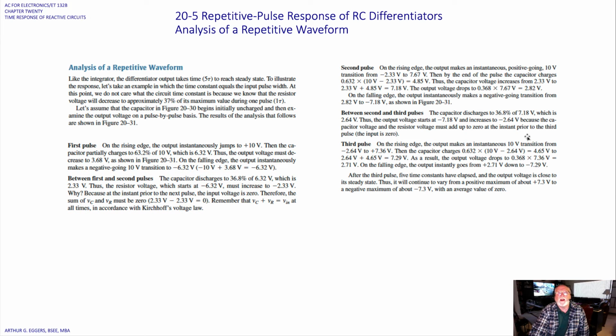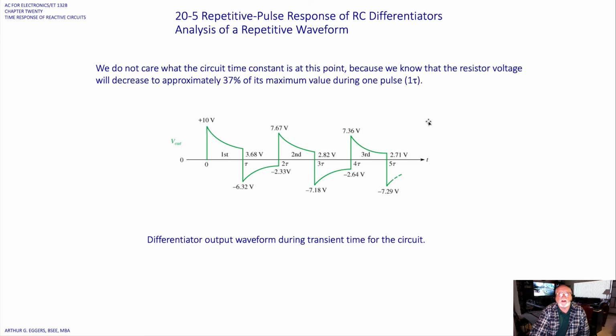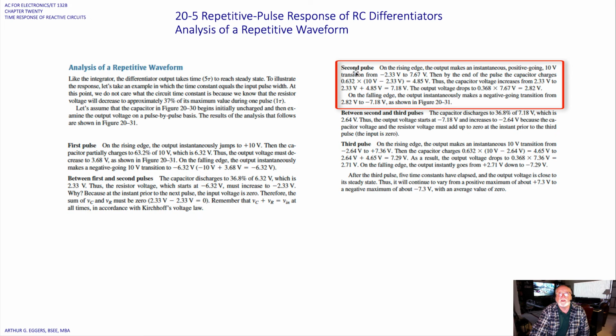On the second pulse, on the rising edge, the output makes an instantaneous positive going 10 volt transition from minus 2.33 volts to 7.67 volts. Okay, that is the second pulse on the rising edge. Then, by the end of the pulse, the capacitor charges 0.632 times 10 volts minus 2.33, which gives us 4.85 volts.